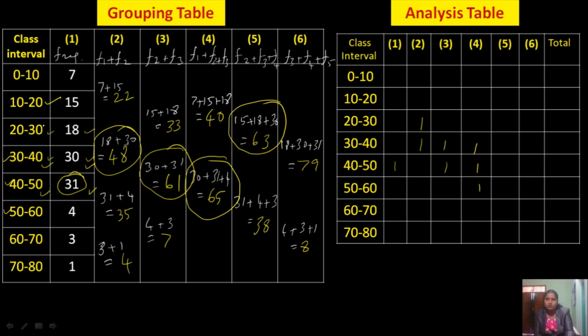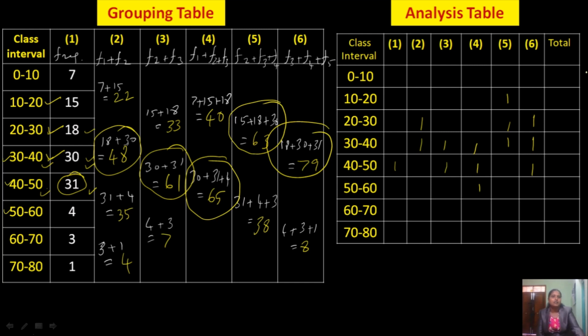It corresponds to 10 to 20, 20 to 30 and 30 to 40. Then under column 6, 79 is the highest frequency, obtained by adding 18, 30, 31. It corresponds to 20 to 30, 30 to 40 and 40 to 50.